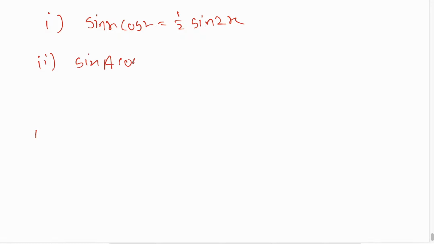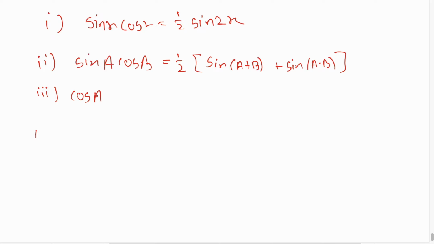Then 2 sin a cos b is equal to half of sin(a plus b) plus sin(a minus b). Then 3, cos a sin b will be half, just the difference is there will be minus: sin(a plus b) minus sin(a minus b).